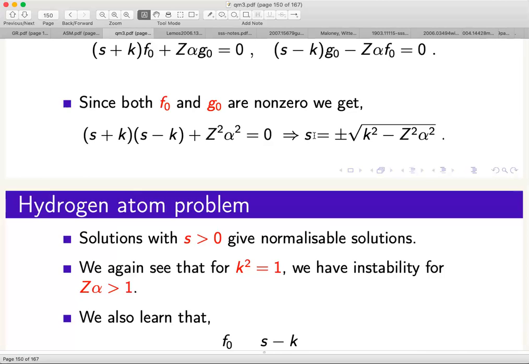But this instability is fine compared to the kind of instability that we encountered in the Klein-Gordon equation, which would have said that z plus alpha by 2 should be greater than 1, or some such thing. It basically told us that z should not be greater than 69. So I would think 2z alpha should be greater than 1.